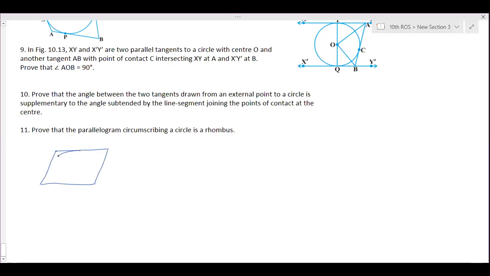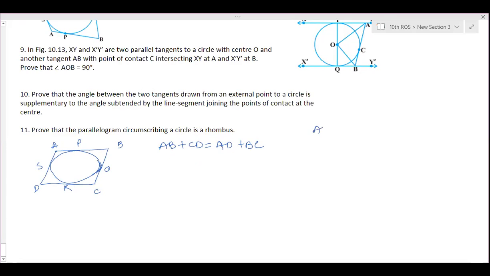This is a parallelogram, and the circle is touching it at P, Q, R, S. Here also you can prove AB plus CD is equal to AD plus BC. Can you prove this? Yes, ma'am.